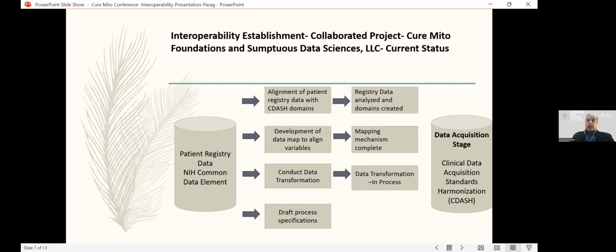We are working on the actual conversion of data to CDASH. And we have the preliminary assessment ready for the process specifications. So this is where we stand in terms of the interoperability project that we started at the end of May this year.